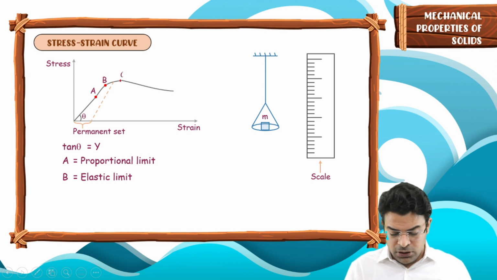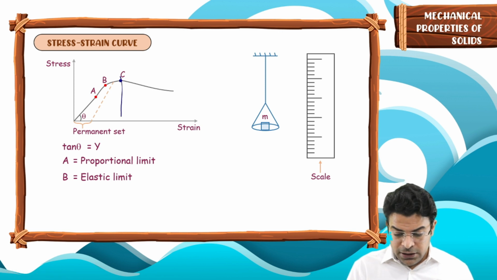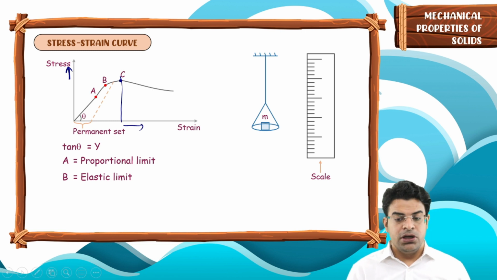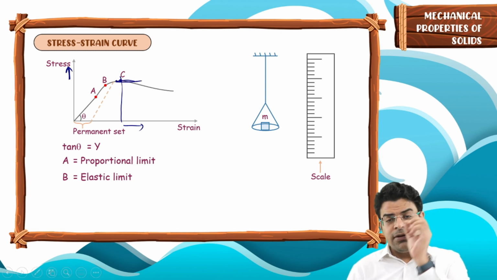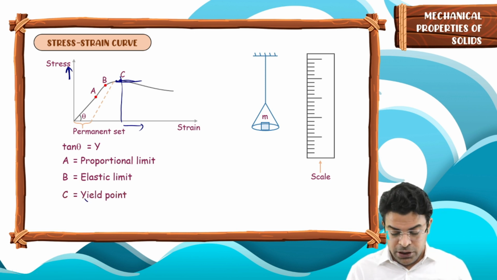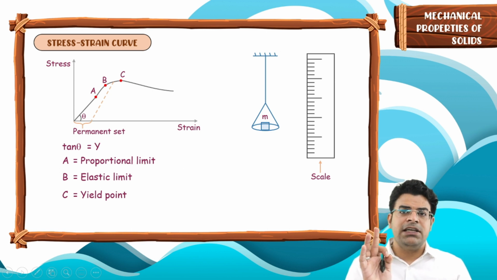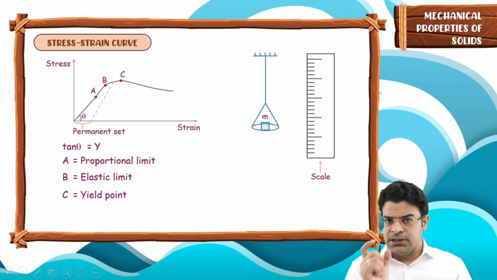Now let's talk about the next point. There is a point C, which is the peak of this graph. You can see once you reach the point C, then to increase the strain, you do not have to further increase the stress. This point C, at which the strain keeps on increasing without further increase in stress, is called the yield point. In the NCERT, the definition of yield point is given to be the same as the breaking stress, which is not correct.